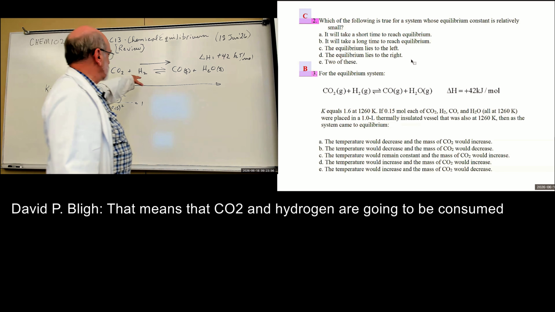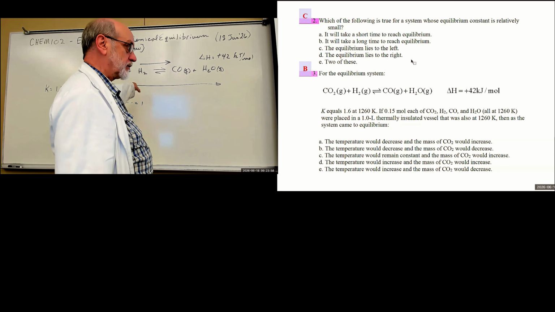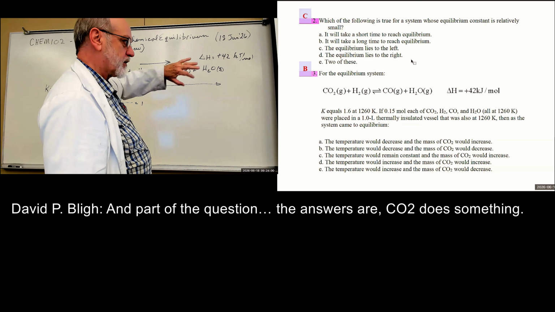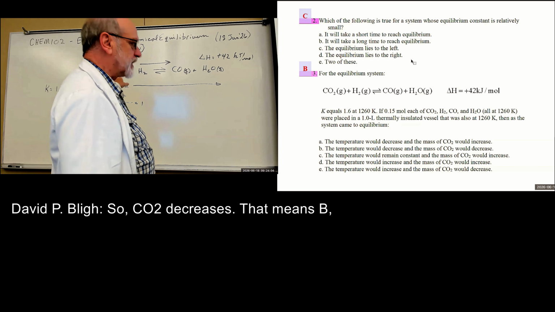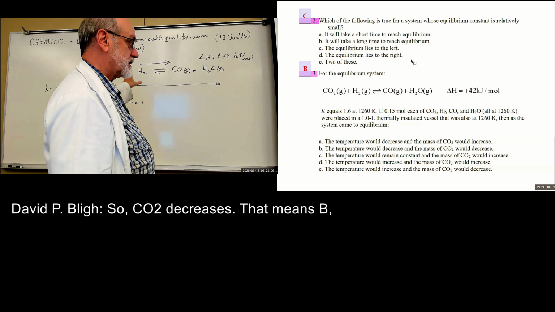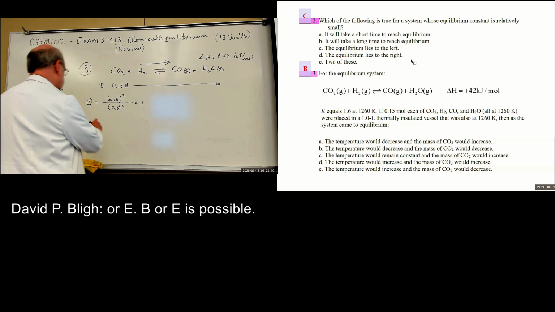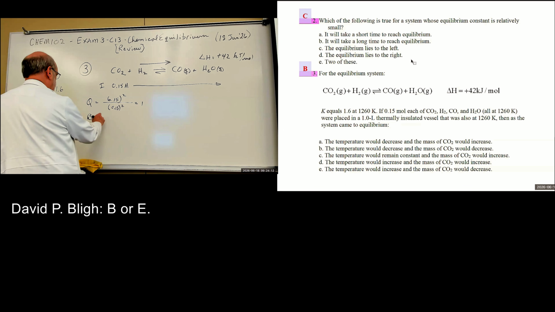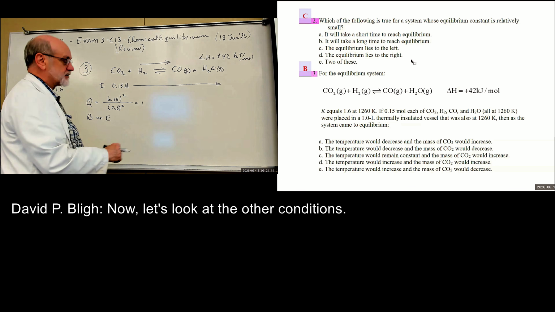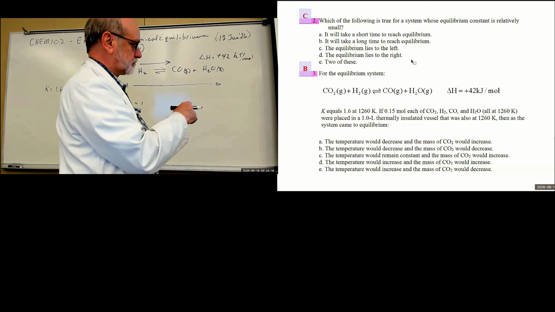That means that CO2 and hydrogen are going to be consumed. And part of the question, the answers are CO2 does something. So CO2 decreases. That means B or E. B or E is possible. Now let's look at the other conditions.